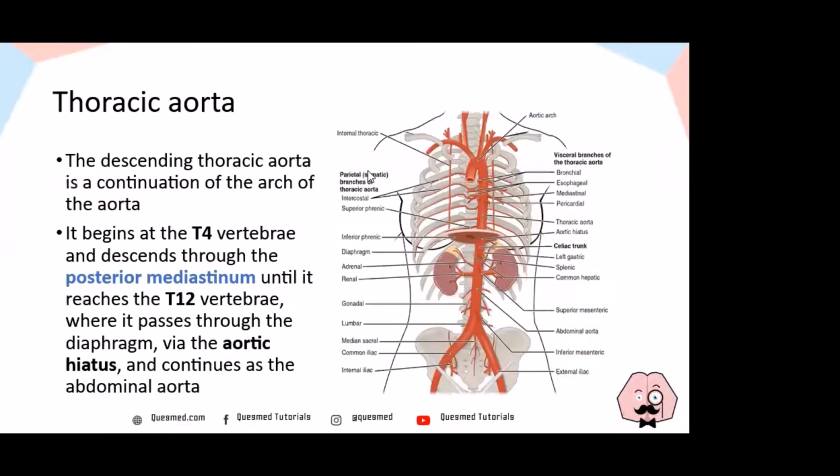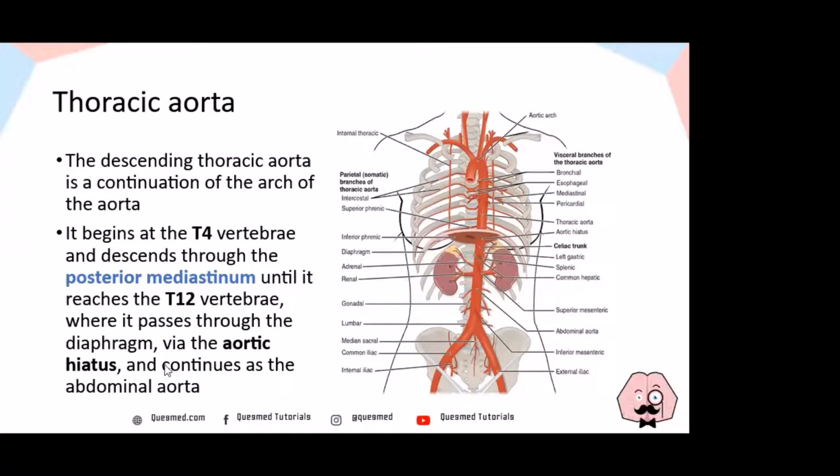So the descending thoracic aorta is a continuation of the arch. As I said before, one definition is that it begins at the T4 level and it goes through the posterior mediastinum until it reaches the T12 level, at which point it passes through your aortic hiatus and becomes the abdominal aorta.